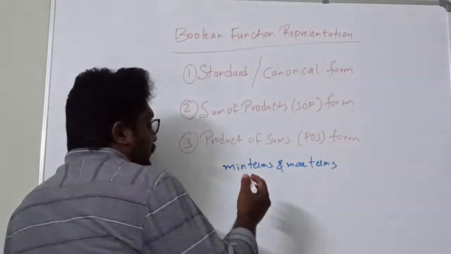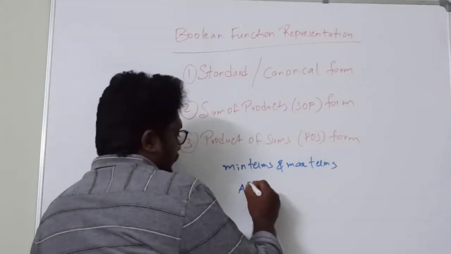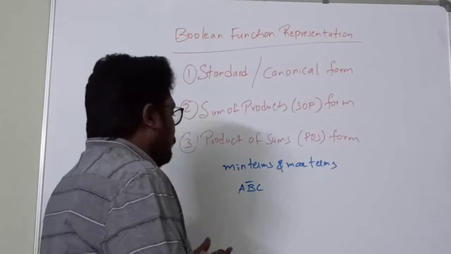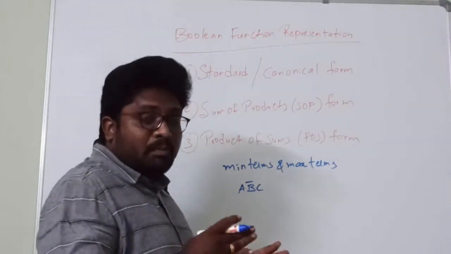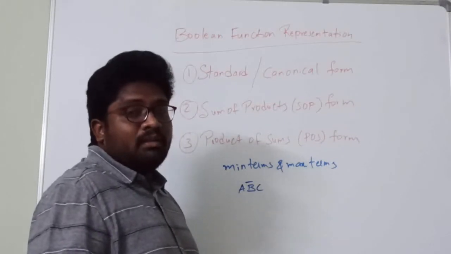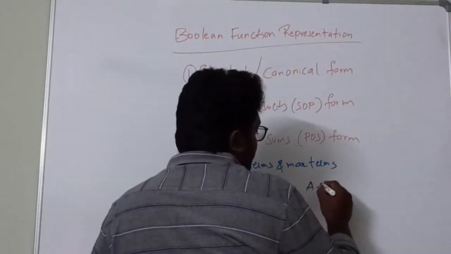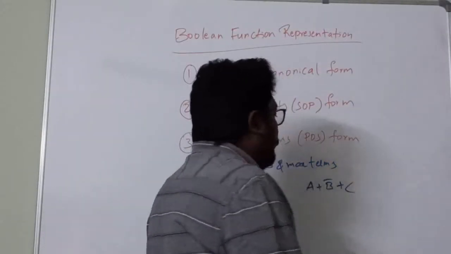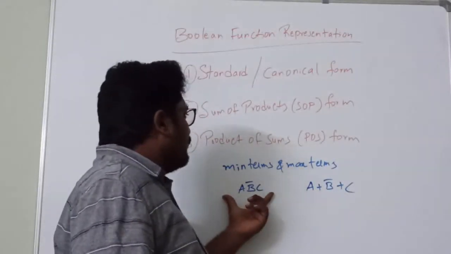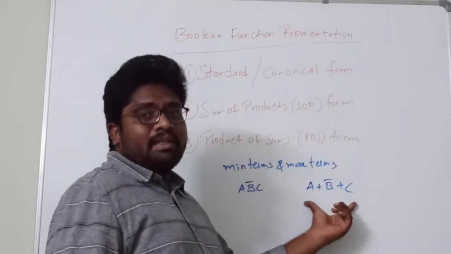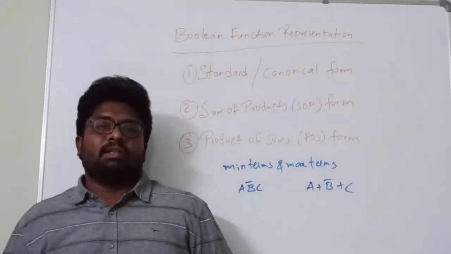When we are representing any Boolean function, the variables performing the AND operation, we call it a min term, and the variables performing the OR operation, we call them max terms. These min terms and max terms play a major role in these three types of Boolean function representations.